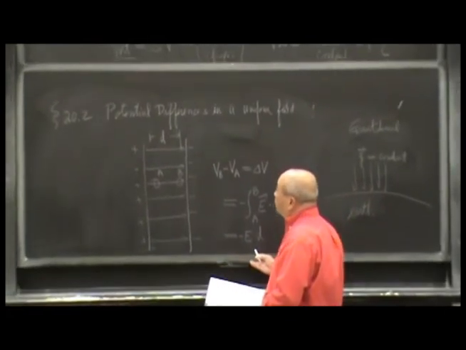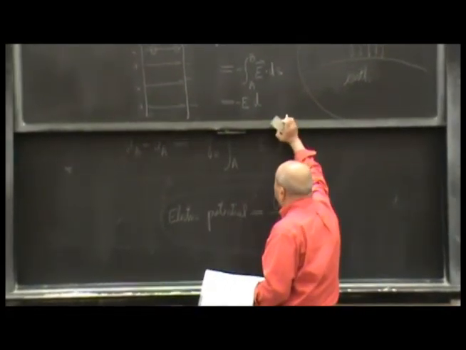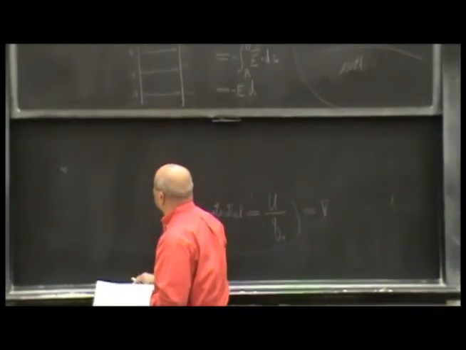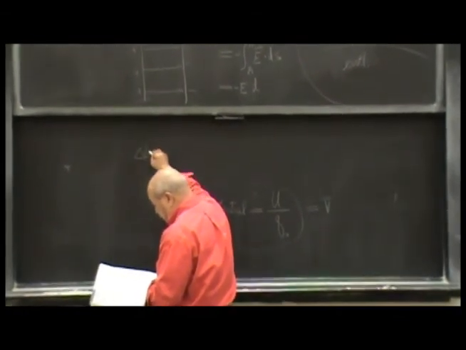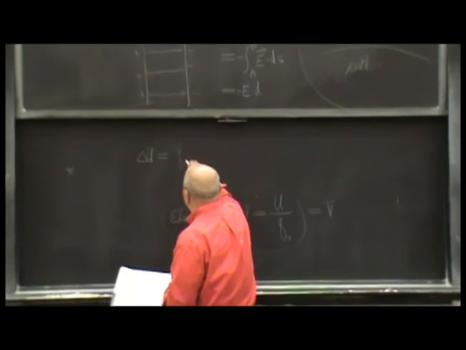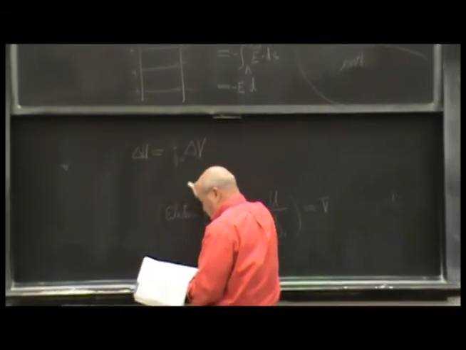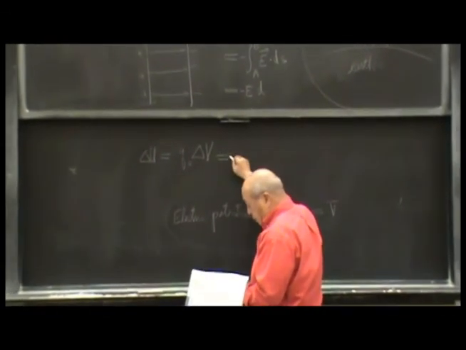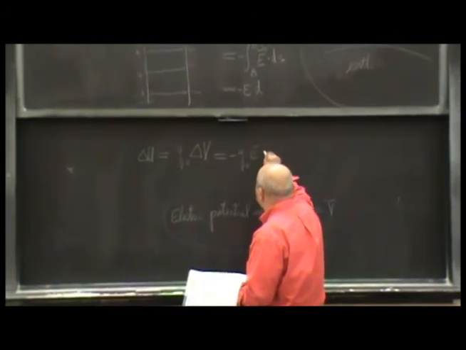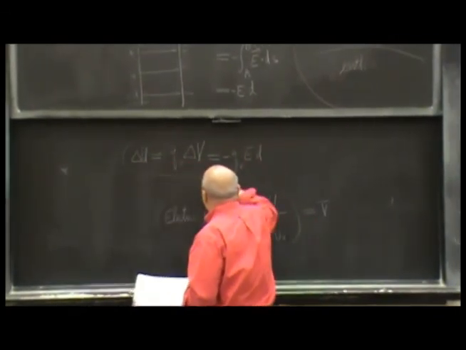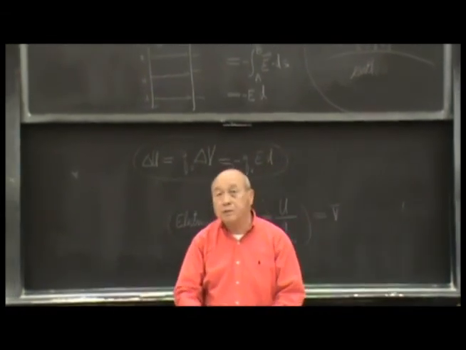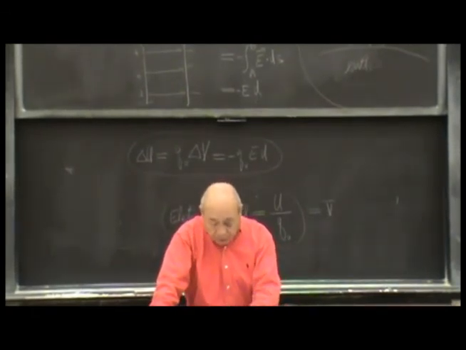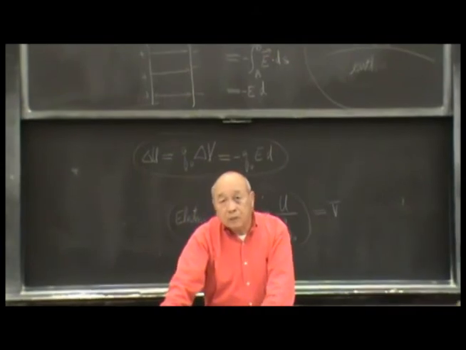Okay, so the electrical potential energy, delta U, equals Q sub 0 times delta V, equal to minus Q sub 0 E times d. This is exactly the relationship we use in calculating capacitors. So we stop here today.